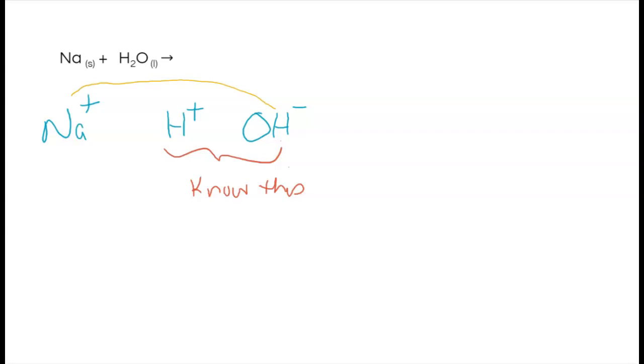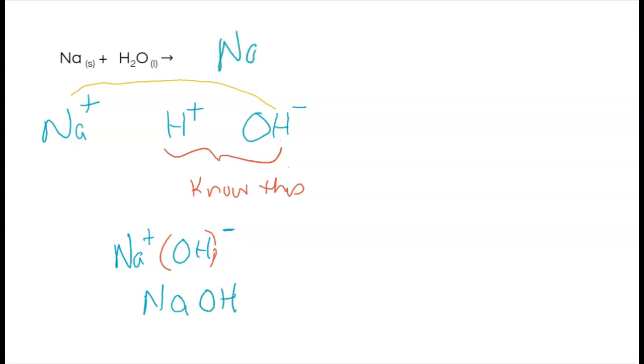So let me write these down here: sodium with a +1 charge, hydroxide with a -1 charge, putting brackets around our polyatomic ion. In this case we don't really need to because the charges are 1 and 1, but it's a good habit forming piece. That will give me sodium hydroxide, so I'm going to put that in as my first compound.